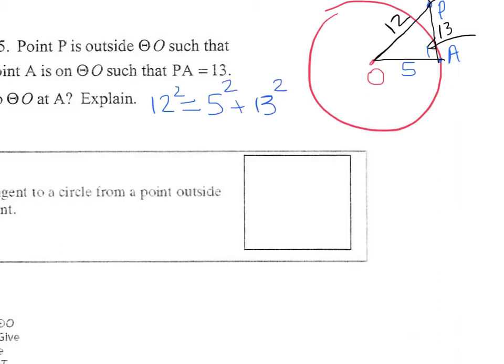So this would have to work out in order for this to be a right triangle. If it doesn't work out, then we know it's not a right triangle. So we get 144 for 12 squared. This is 25, and this is 169. Well, I don't even have to know what 25 and 169 add up to be, because I know that they don't add up to 144. So I know that that is not a right triangle.